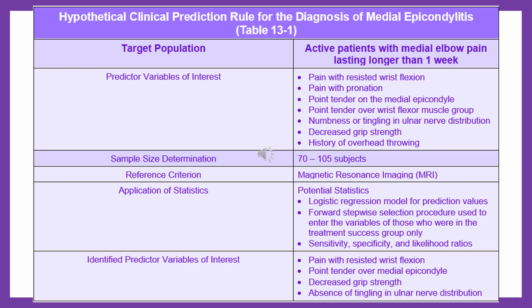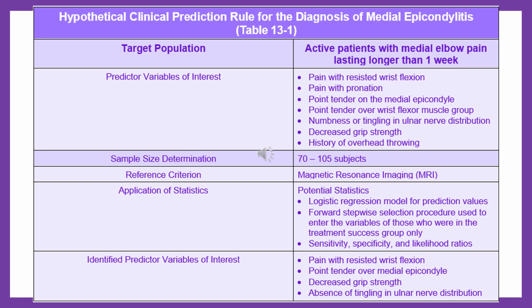The predictor variables are listed here as pain with resisted wrist flexion, pain with pronation, point tenderness on the medial epicondyle, point tenderness over the wrist flexor muscle group. And that one in particular, we need to probably define a little bit better because the wrist flexor muscle group is pretty large. So what area of that wrist flexor muscle group is point tender, right?